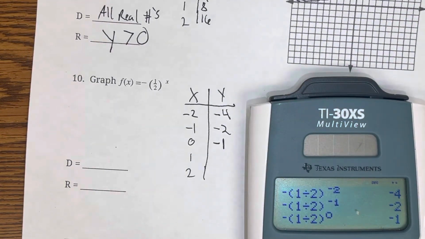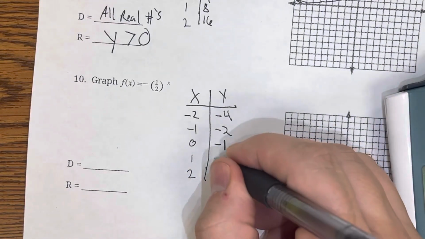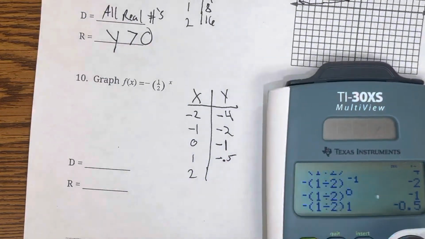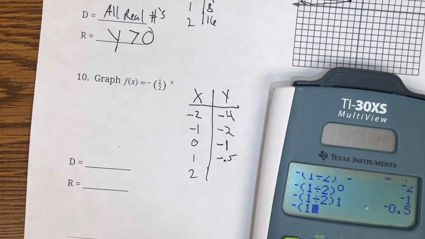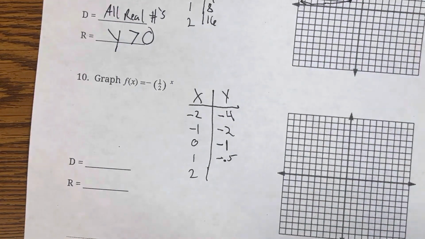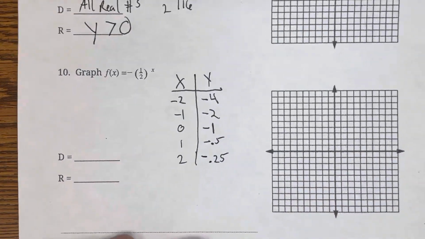Let's see what we got here. So negative, parentheses, 1 divide 2, close it, raised to the 1st, -0.5. And last value, 2. Negative, parentheses, 1 divide 2, raised to the 2nd is -1/4. That's -0.25.